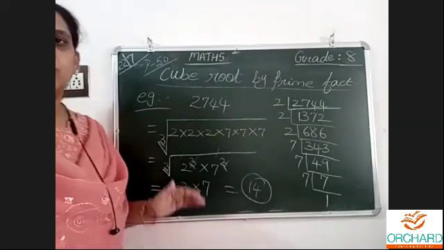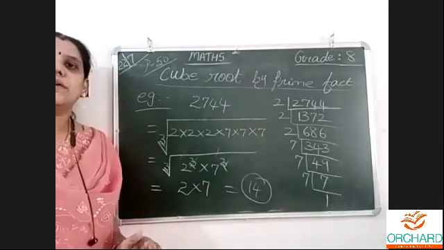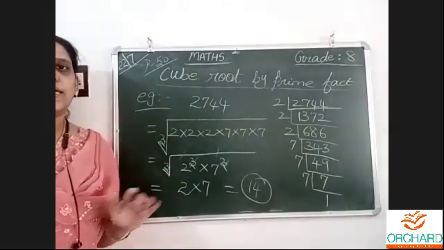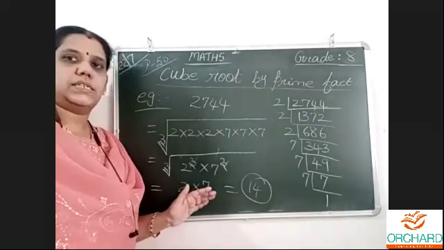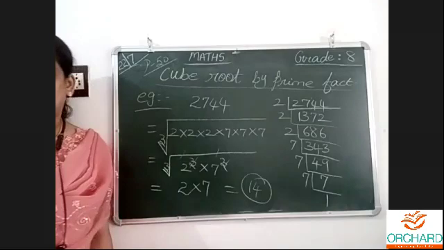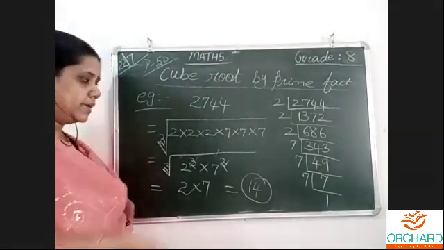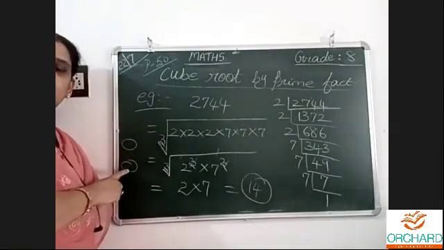For cube root, we don't have the long division method. We have only prime factorization. The first is cube root by prime factorization, and the second method is cube root by estimation. Square root also we estimated: between which 2 numbers it is sitting, 18 squared and 19 squared.